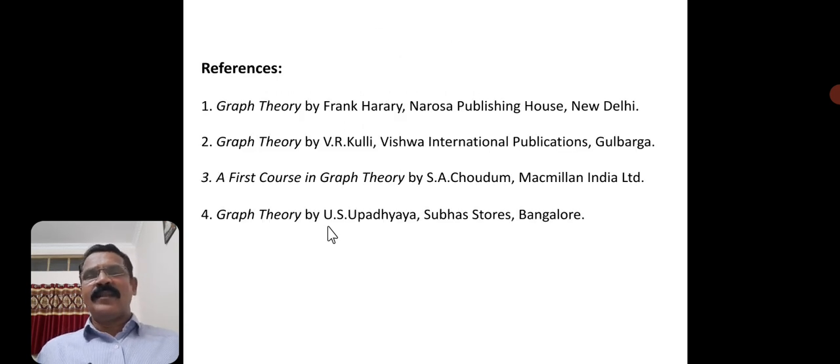These are the reference books. If you want, you can refer to any one of them. All are very useful books. Graph Theory by Frank Harary is the most popular book.